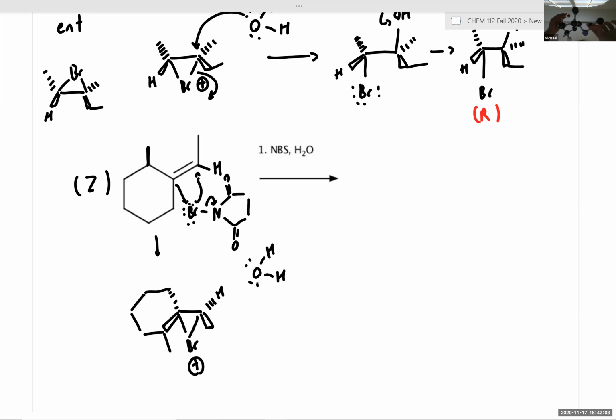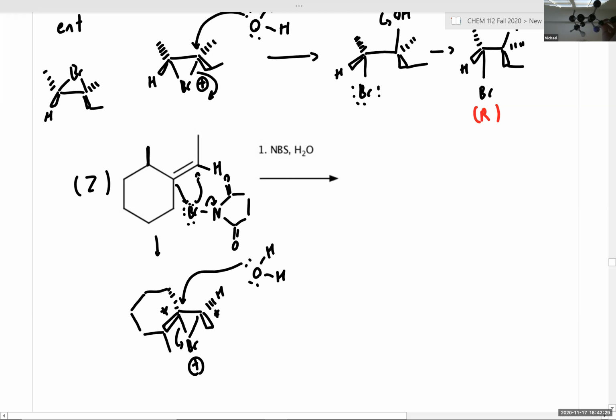Now, which site will it choose? Will it attack on the left or right-hand side of our bromonium intermediate? Which side is more substituted? The left-hand side, exactly right.